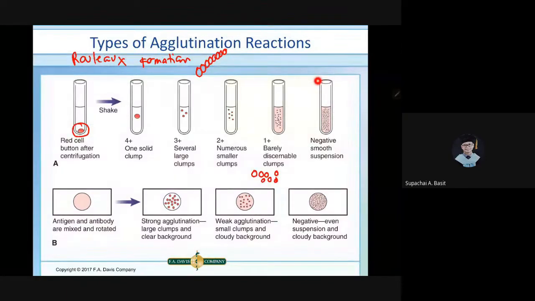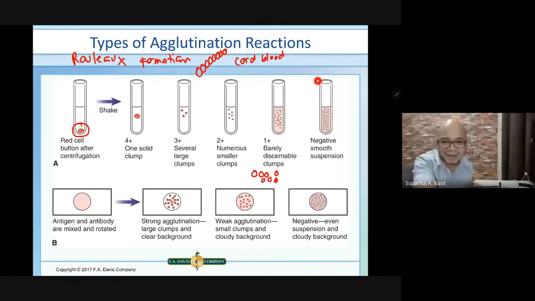This is usually seen if you are using cord blood, because that is from the neonate, because that is very viscous and high in protein, and because of the presence of Wharton's jelly.